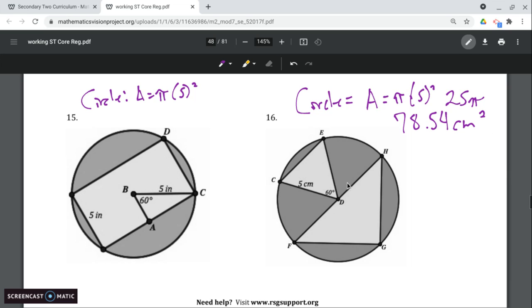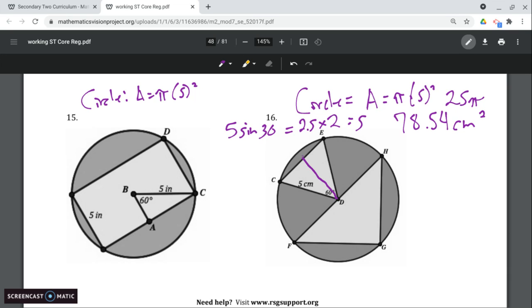So for this first one, we need to find the apothem. We also need to find this side length here. So we're going to have 5 sine of 30, because remember we divide that angle in half, which is going to equal 2.5. Multiply that by 2.